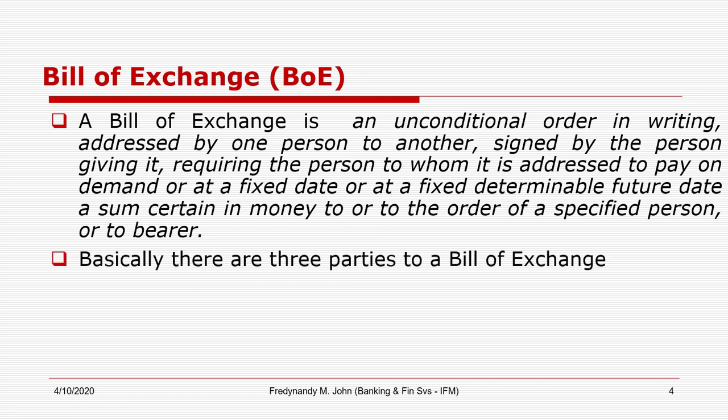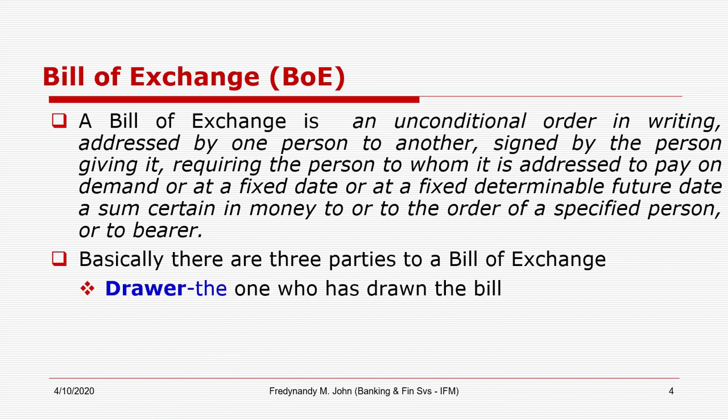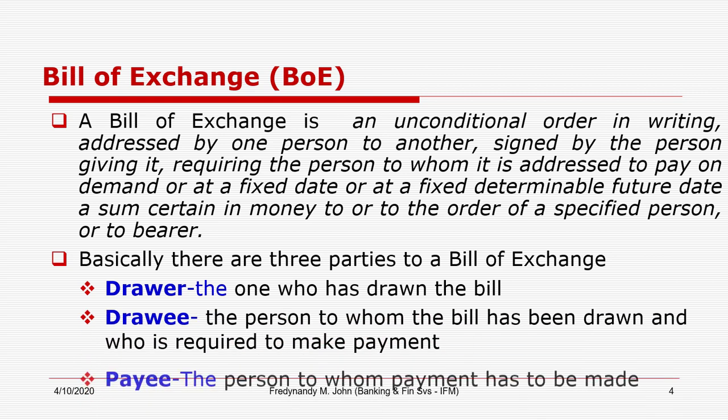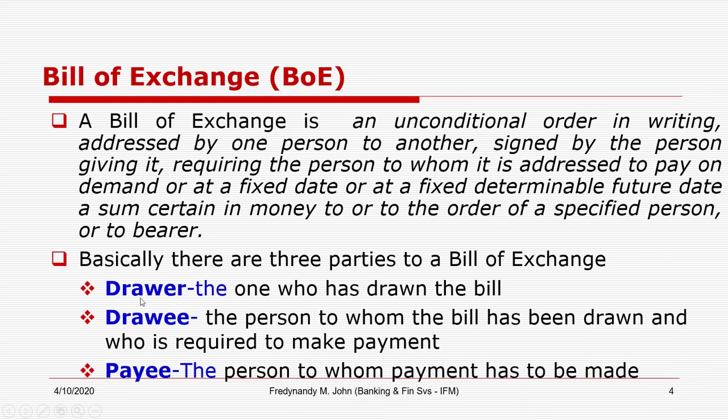Now, the bill of exchange has 3 participants, which are the drawer, the drawee, and the payee. The drawer is the person who makes the bill, and so from our previous example, the drawer is Mr. Freddy.